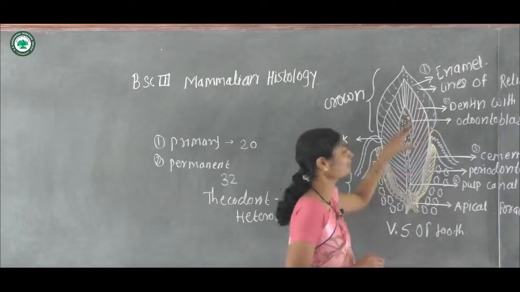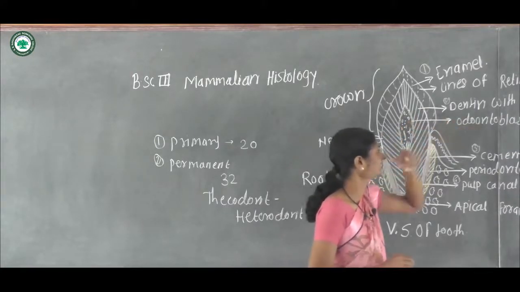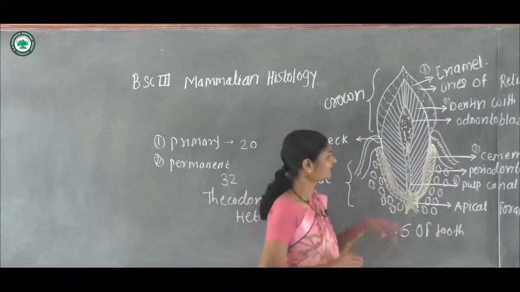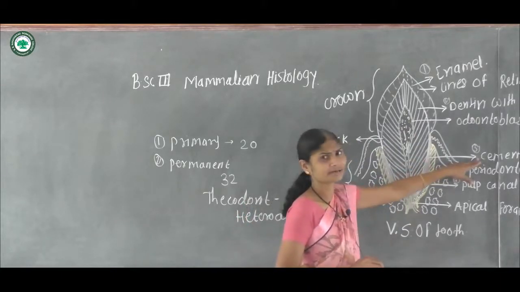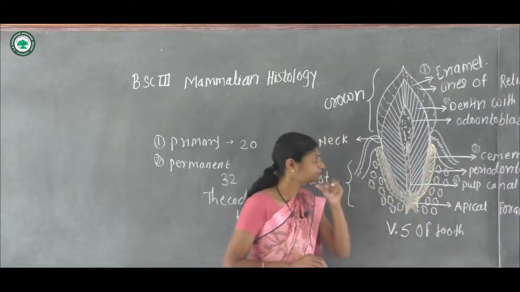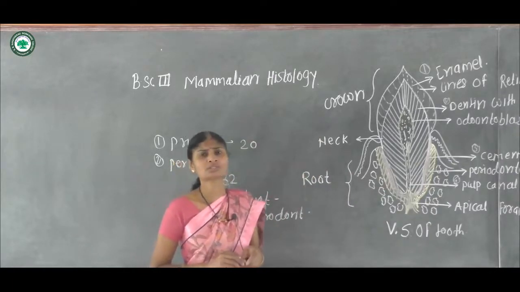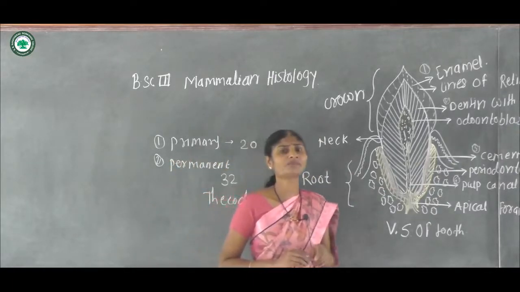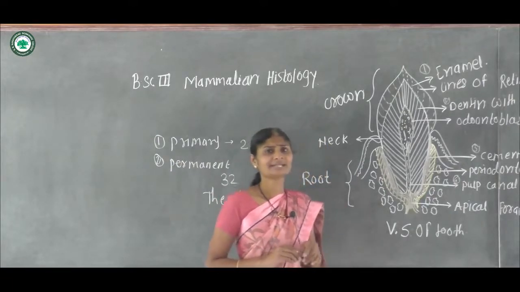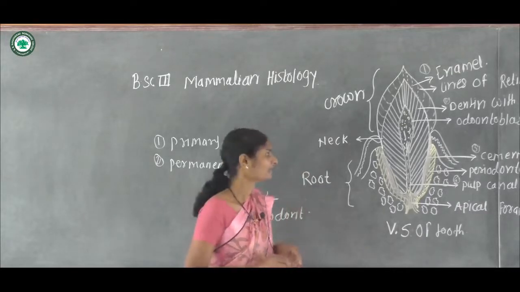Dentine is formed from odontoblast cells, and it contains dentinal tubules. The next layer is cementum, a sheet of connective tissue, and the cementum layer has two types of cells: acellular cells and cementocytes.